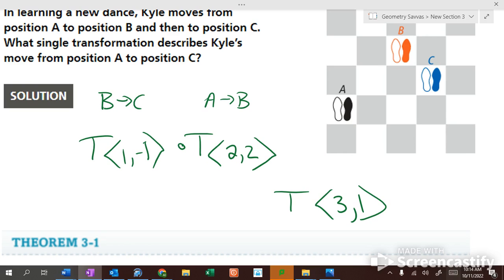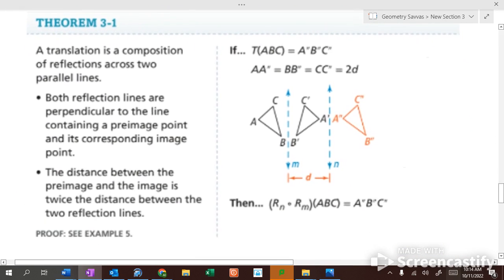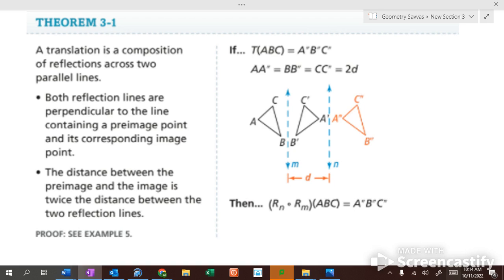Now, if we would end just right here, would today be easy? Okay? But of course, we can't just end here and make things totally easy. We have to add in this. What they're saying here is any translation can be a combination of the first thing we learned the other day, which was a reflection.